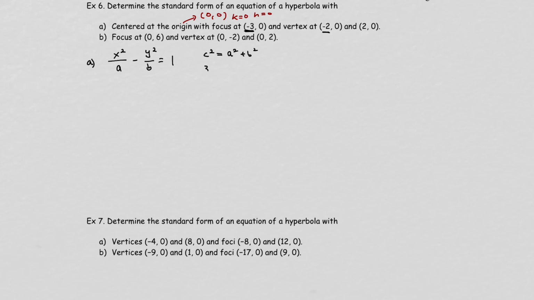So when we replace that, we should be able to find b. So b squared equals 3 squared minus 2 squared. So b should be square root of, plus minus, 9 minus 4 is 5.